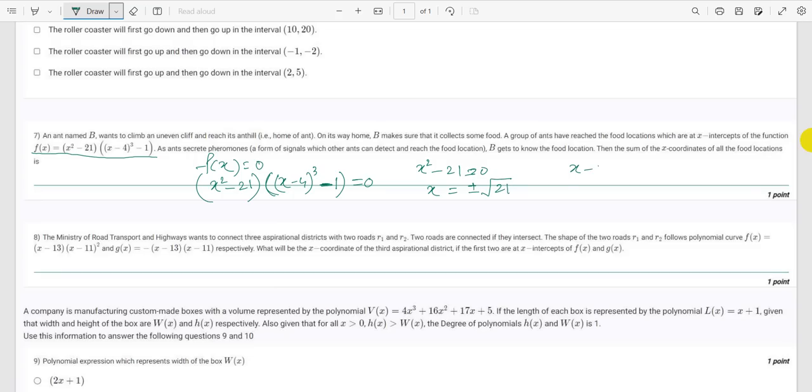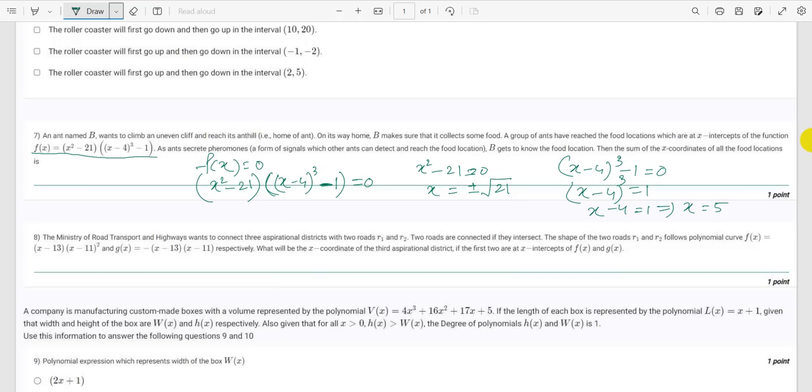And x minus 4 whole cube minus 1 is equal to 0, so x minus 4 whole cube is equal to 1. So x minus 4 equals 1, x equals 5, right? So these are the x coordinates of the food locations.